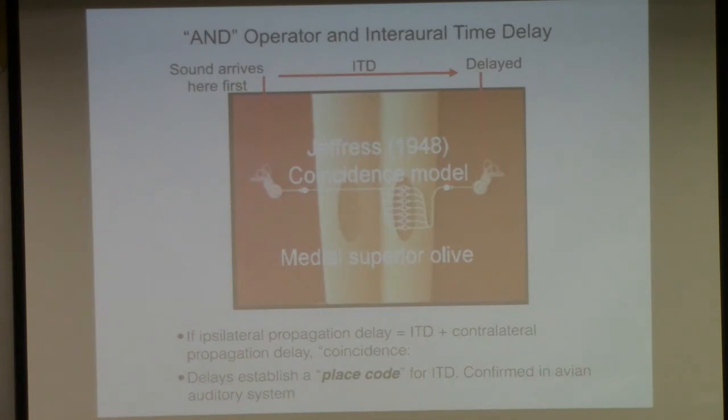We know that central neurons, like these bipolar neurons, encode interaural time delay. That is, there's a whole bunch of these neurons arranged together, and at any particular location in the brainstem, that group of neurons is sensitive to a particular interaural time delay.